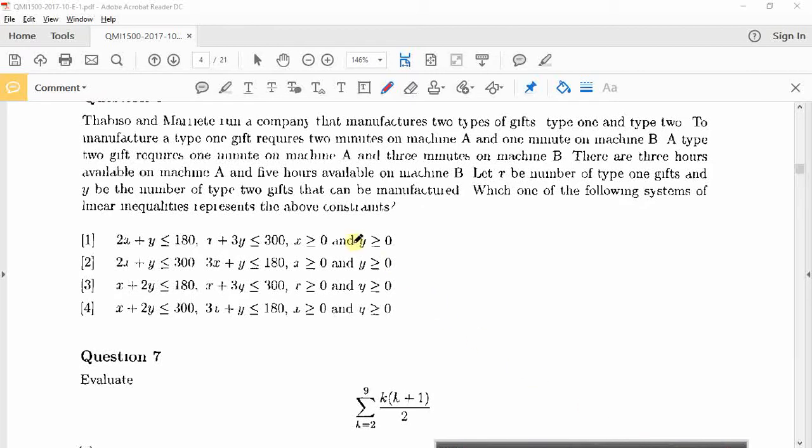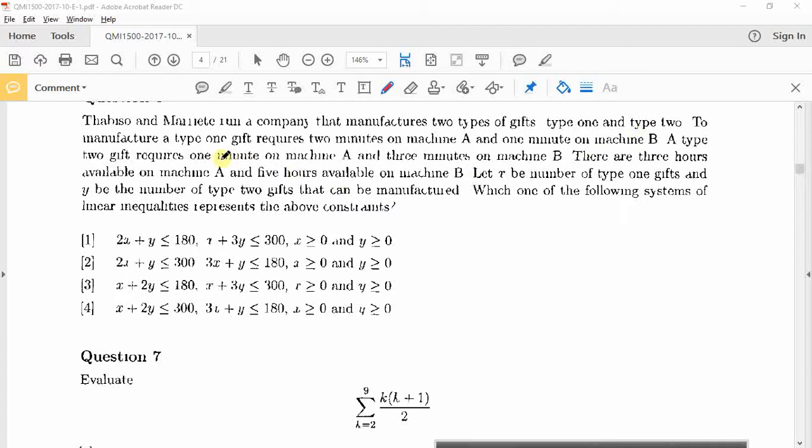Alright, so this one is obviously looking at interpretation. So they say, Tabiso and M run a company that manufactures two types of gifts, type 1 and type 2.